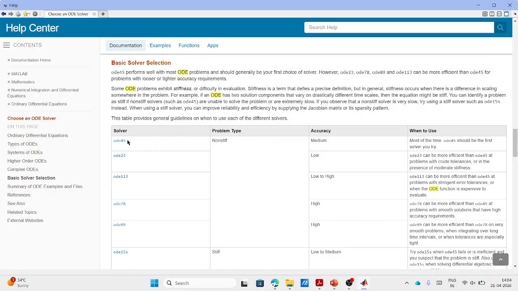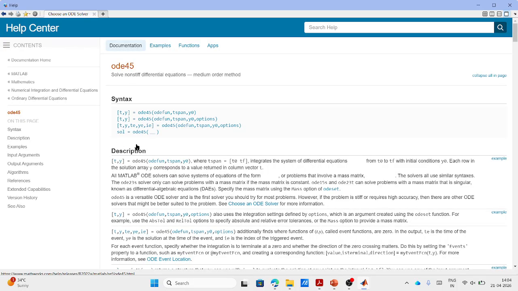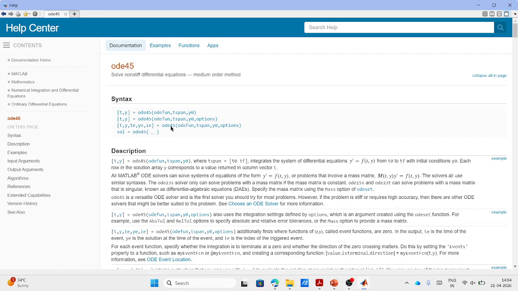Let us look at the example of ODE45. This is how the description of ODE45 is provided. You provide ODE45, the function or your ordinary differential equations, the time span over which you want to find the values, and y0, the initial guess value. In the output you get t and y data, where t is time and y is your dependent variable data.